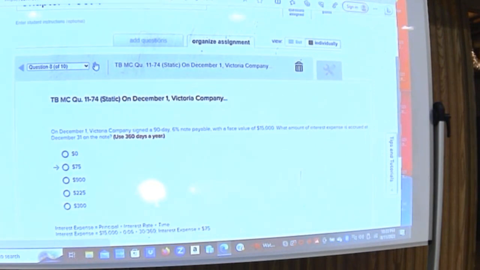Okay, so this is a monthly interest. You can see the calculation at the bottom of the screen there. It's kind of small, but you can see the calculation. The face value of the note times the 6%, but remember it's only 1 month, so you multiply it by 30 over 360. So we're looking at a 360-day year. We do the multiplication, it works out to $75, and so at that point we're going to have to put that amount into our accounting records.